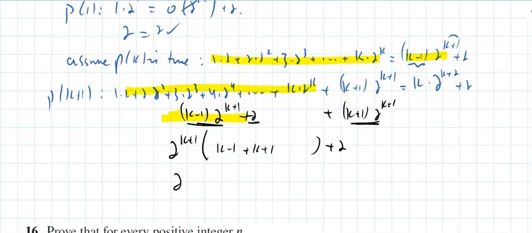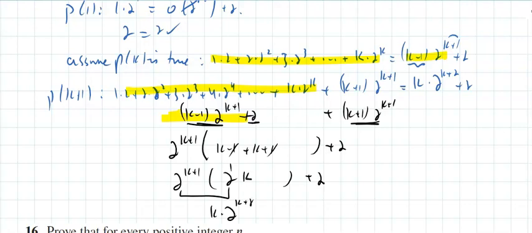That turns out to be 2 to the k plus 1 times 2k plus 2, those cancel out. Now, 2 to the 1 times 2 to the k plus 1, that's 2, and you add the powers. k plus 1 is k plus 2. I'm going to put the k up front, plus 2, which is exactly what I want.